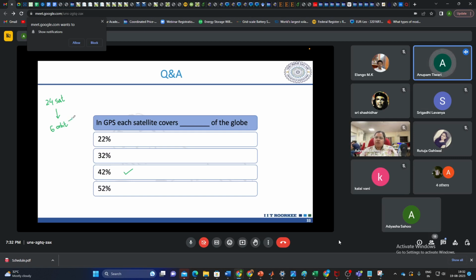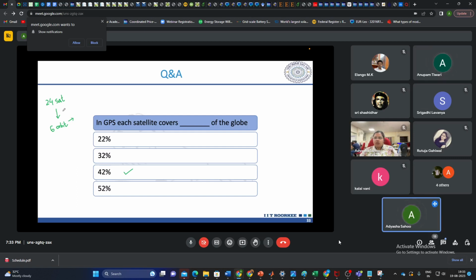So now we have 24 satellites. So how is it 42%?